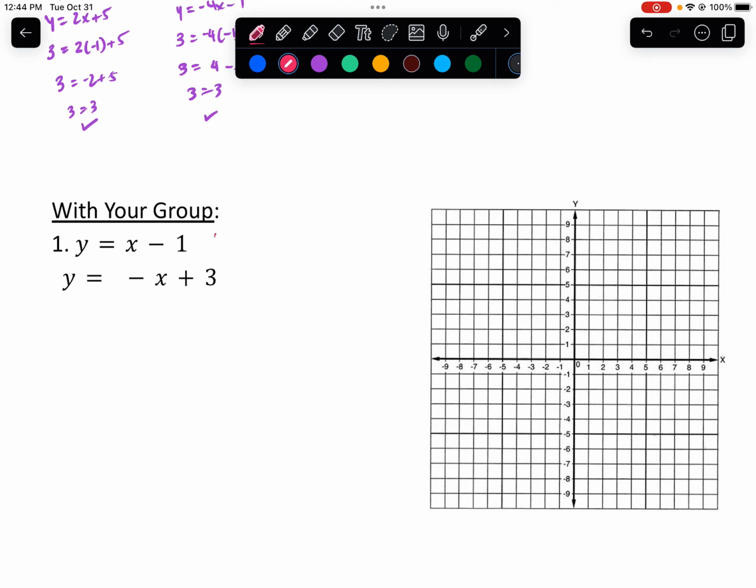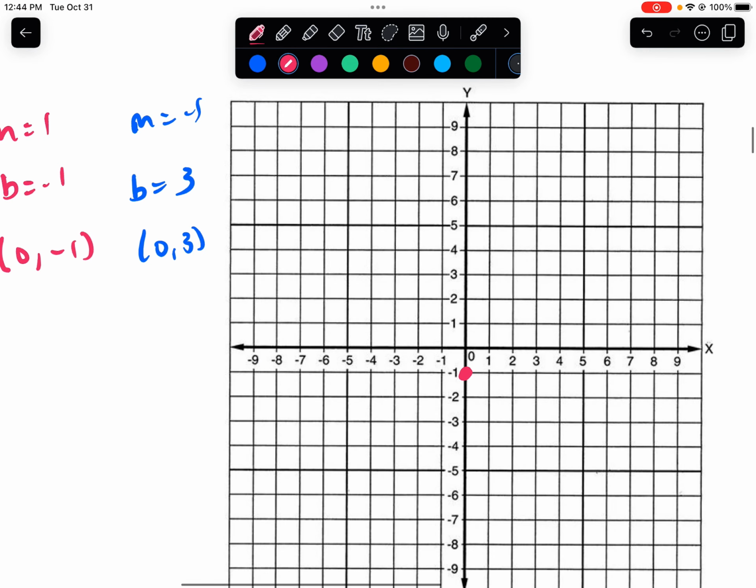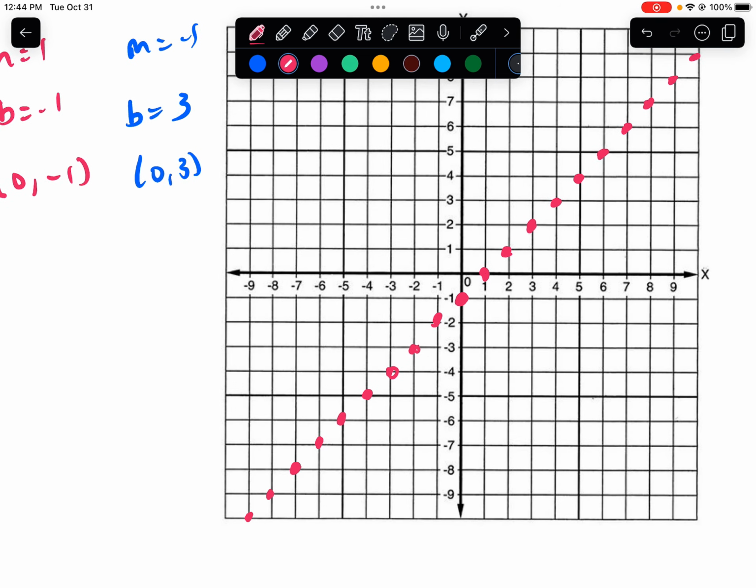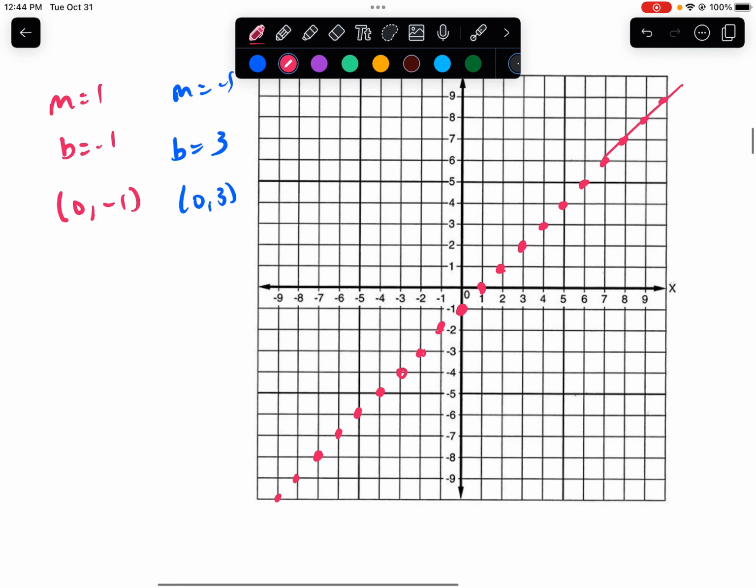All right, so here I'll do this one as well. Here's blue. M is equal to 1, B is -1, POI is 0, -1. M is equal to -1, B is equal to 3, POI is 0, 3. I know it's tedious, but I really want to stress the importance of doing all of these dots, because it will just help you out in the long run.